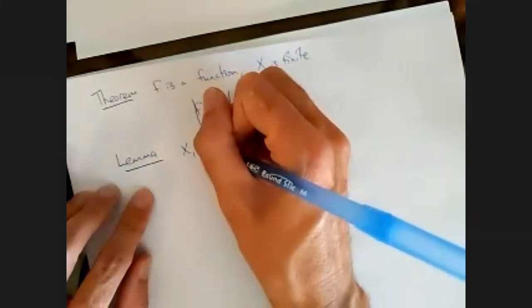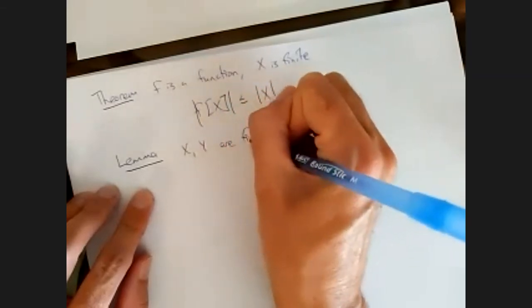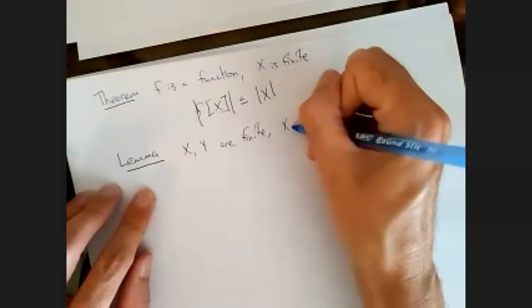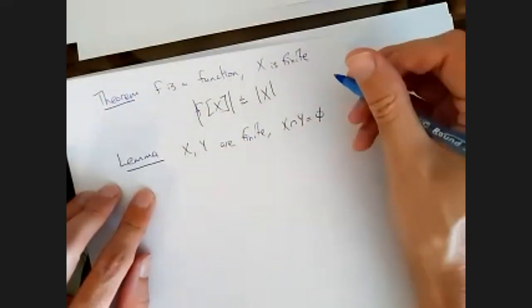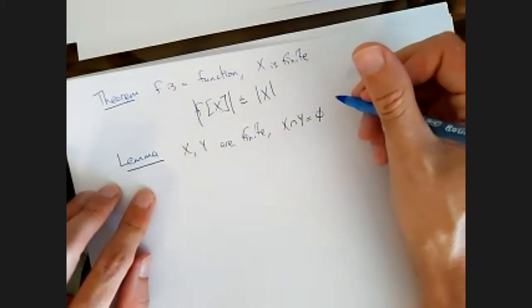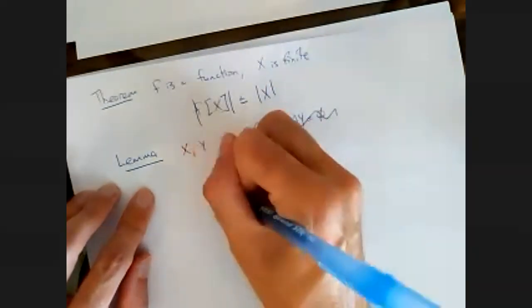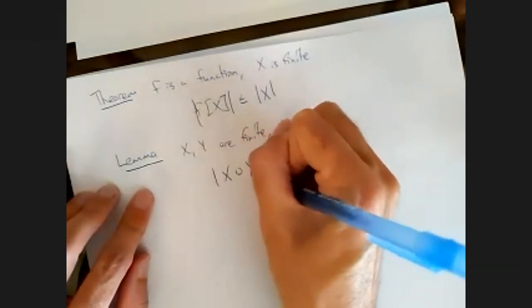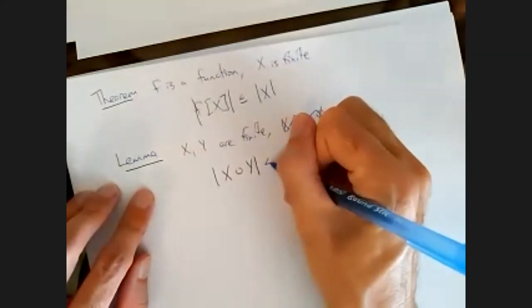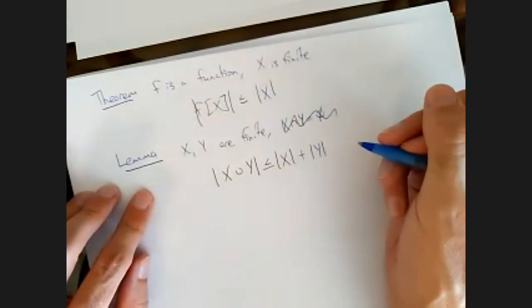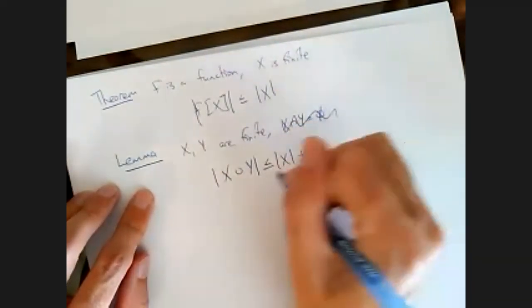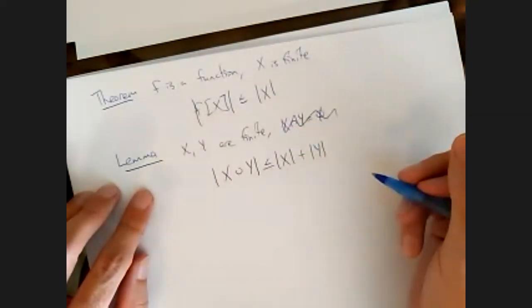If X and Y are finite, then in general the cardinality of X union Y is less than or equal to the cardinality of X plus the cardinality of Y. Again, this is addition of natural numbers, and this inequality is inequality of natural numbers.